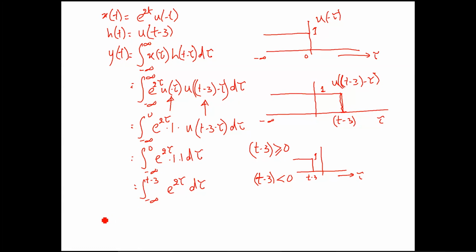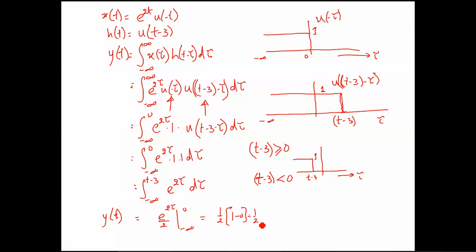So we can find the value of y of t just by solving the integral. The integral itself will be e raised to the power of 2 tau divided by 2, from minus infinity to 0 for the first case, and we can just plug in the values. If you plug in 0, you can take 1 by 2 outside, inside will become 1, and if you plug in minus infinity, it becomes 0, so it will be just 1 by 2.